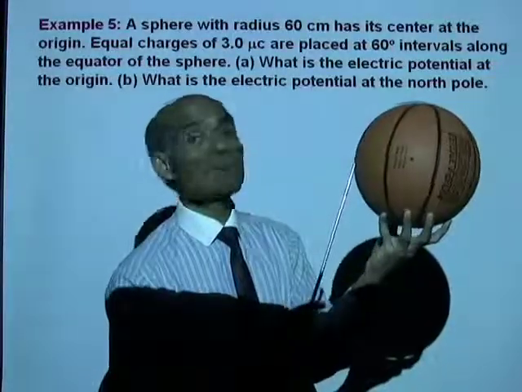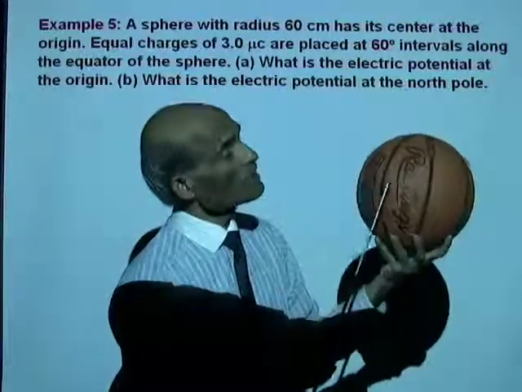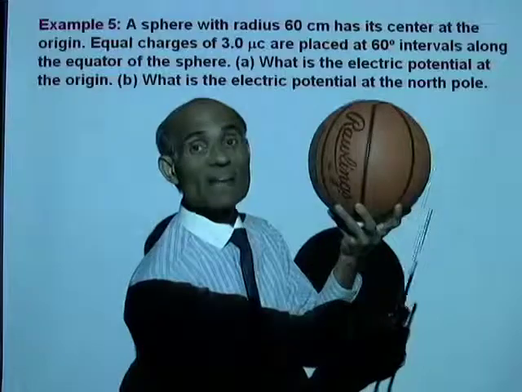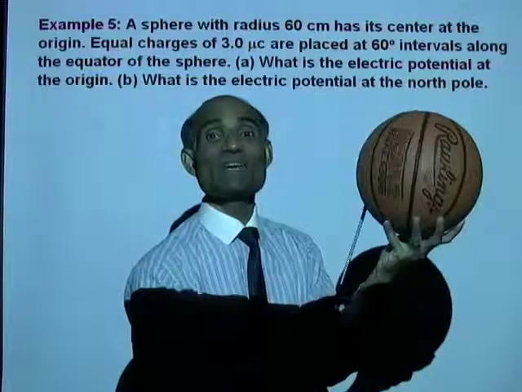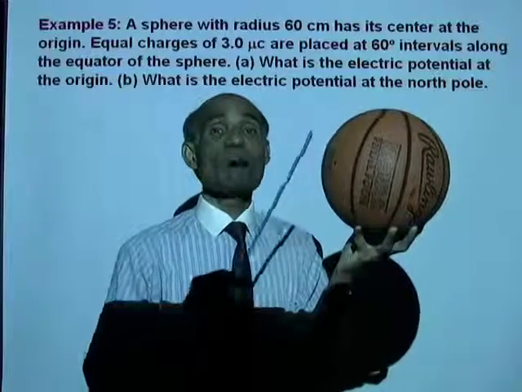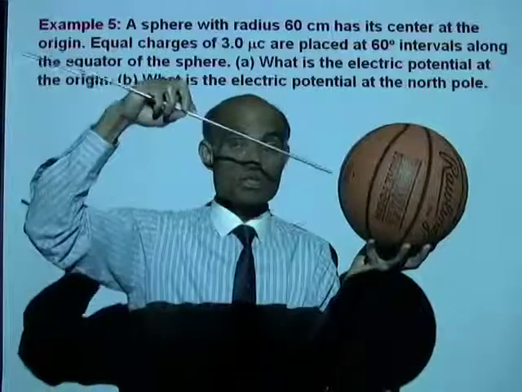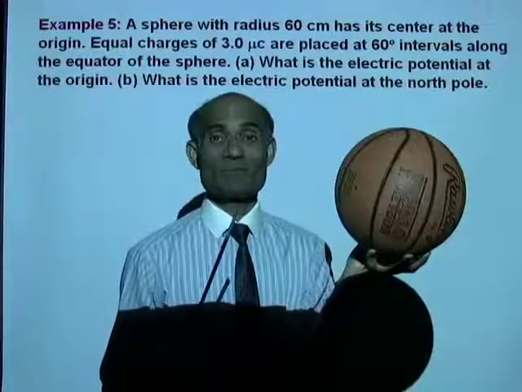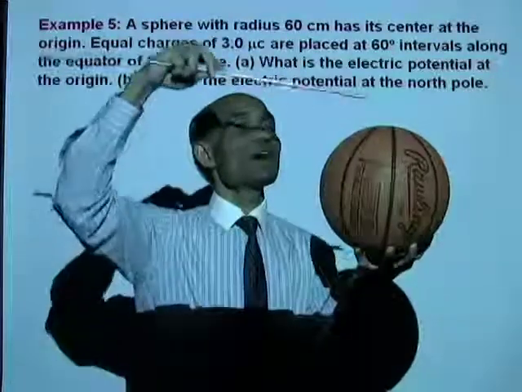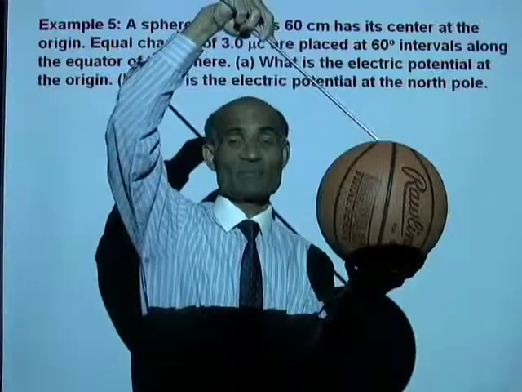So you got 3 microcoulomb, a 3 microcoulomb, a 3 microcoulomb, like that, 6 of them in equal intervals along the equator. We need to find the electric potential at the origin. The origin is the center of the sphere. We also need to find the electric potential at the North Pole at this point.